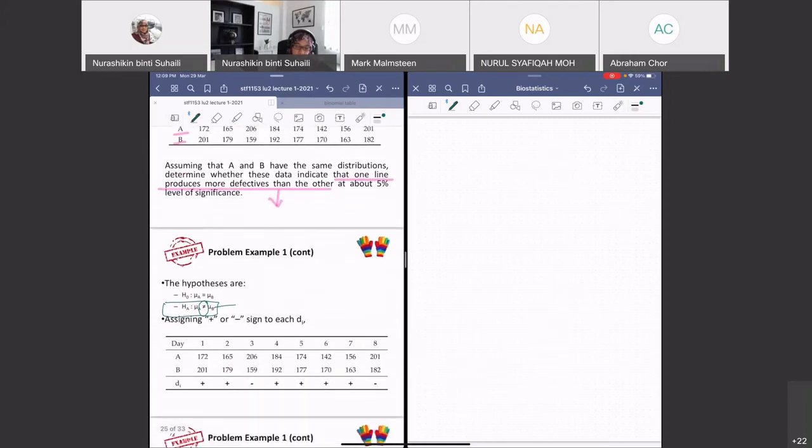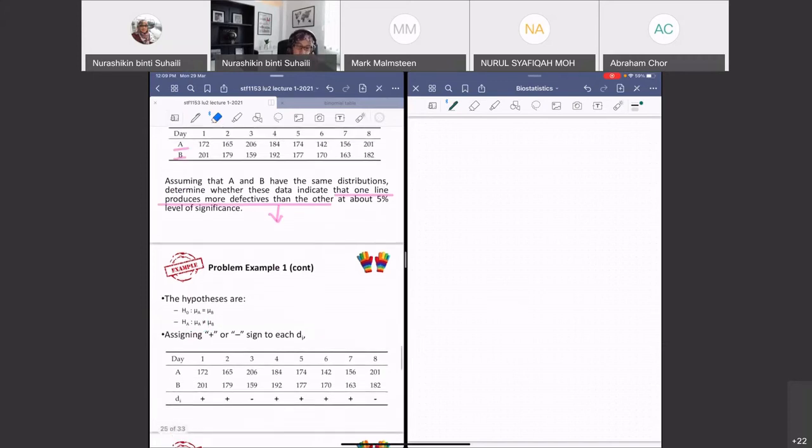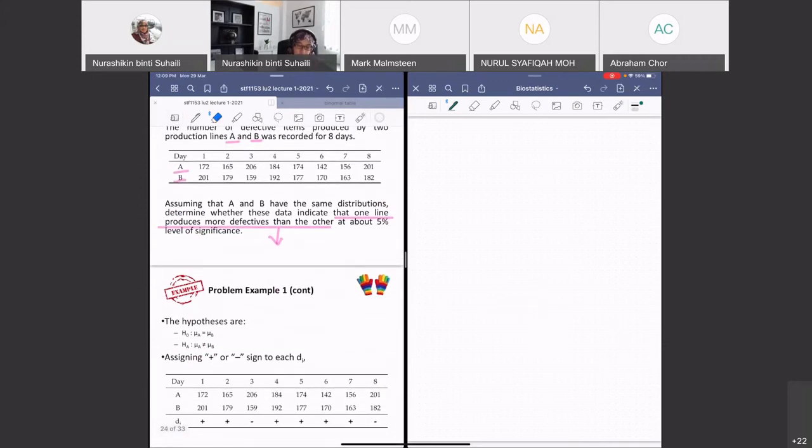The steps are the same. The first step is to set the hypotheses. You are comparing the data of production line A and production line B, so there are two things that you are comparing.